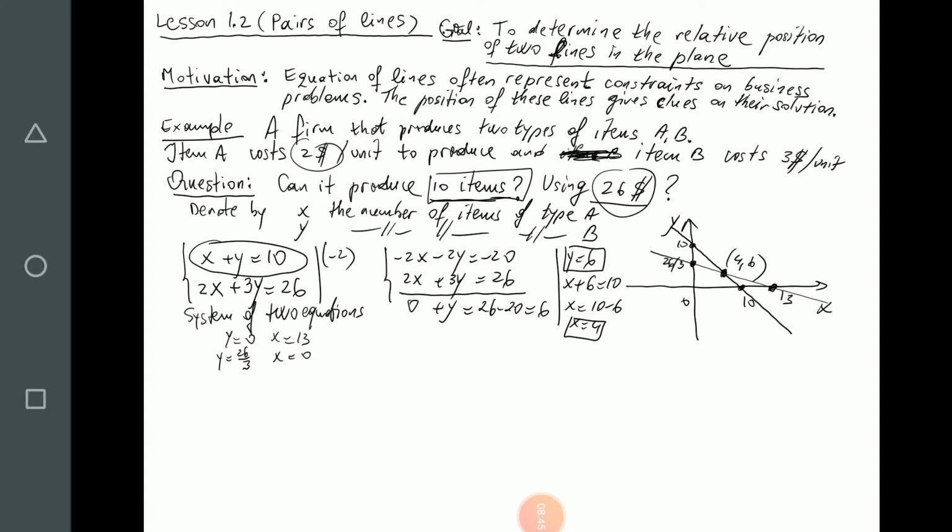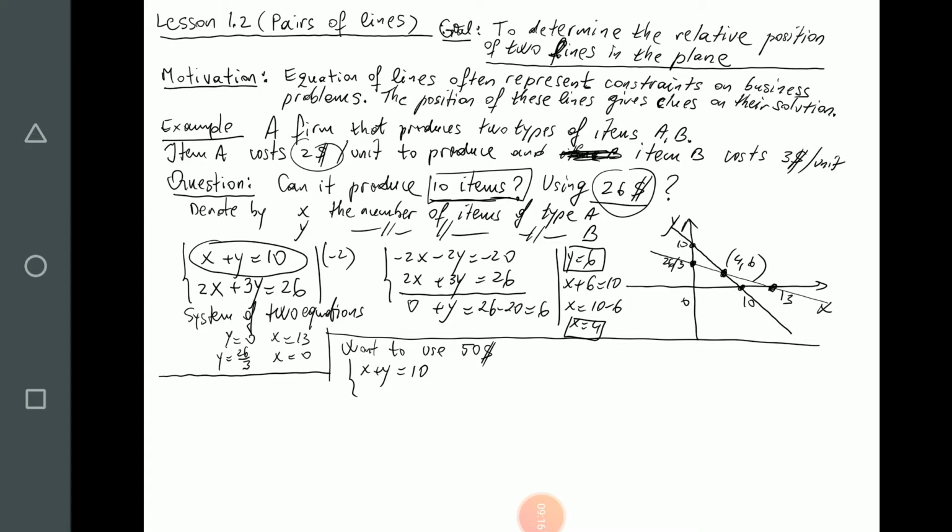Now, let's modify the problem a little bit. Let's say the firm wants to use precisely $50 to do the same thing. Now, the two equations in that case, if I still want to produce 10 units, is x plus y equals 10. And let's make an additional condition.